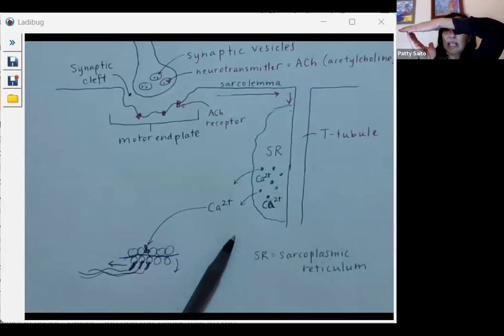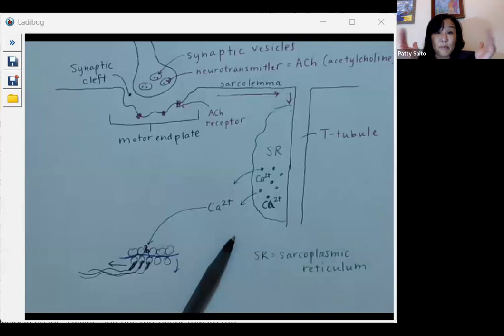When it swivels, it's going to move the thin filament. But it's doing it on both sides like this. It's going to pull it like this. So the thin filaments are going to move closer together toward the center of the sarcomere, because again, it's happening on both sides.